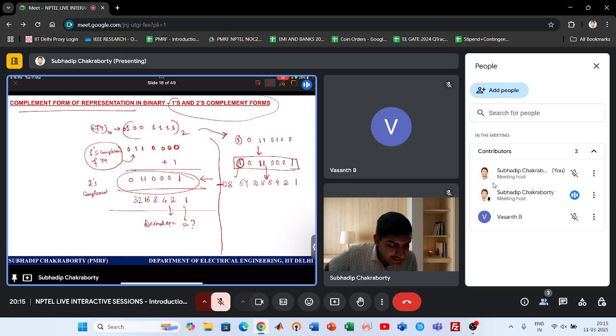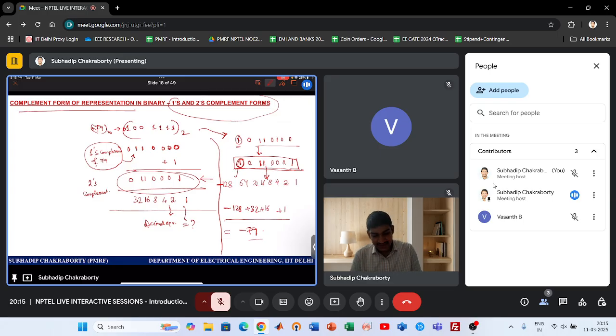You try to take the 1's complement and then find the 2's complement and decode the decimal number. That is what I am trying to tell you. So what will it be? Minus 128 plus 32 plus 16 plus 1. What is this? Just calculate and tell me. Minus 79, right? Please check and tell me.